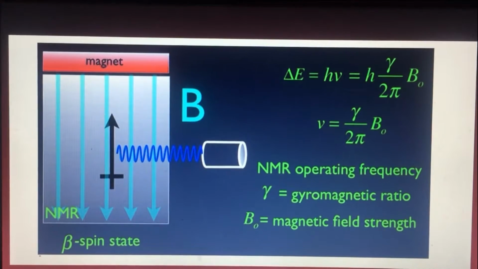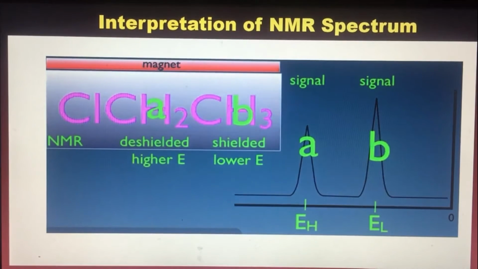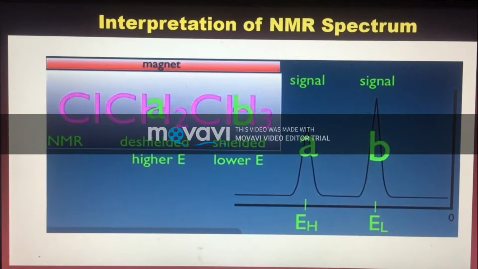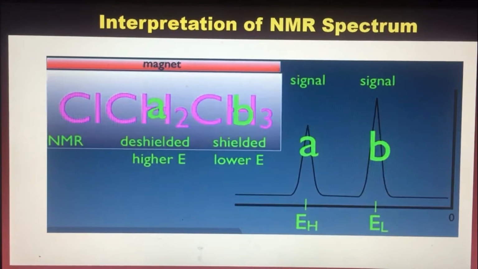B naught is the external magnetic field we have applied. Okay, now up to now we discussed the principles behind NMR. Now, how to interpret the NMR spectrum? Let's take an example. Suppose that we have a molecule like ClCH2CH3.